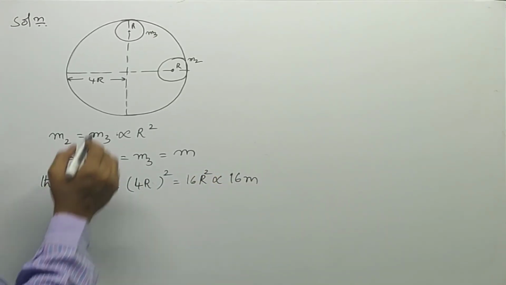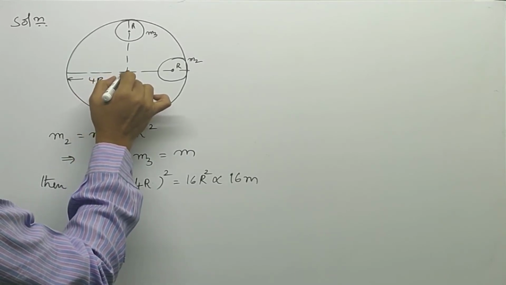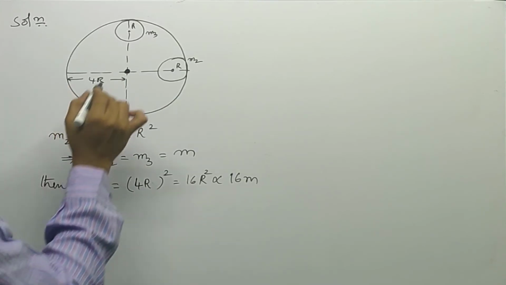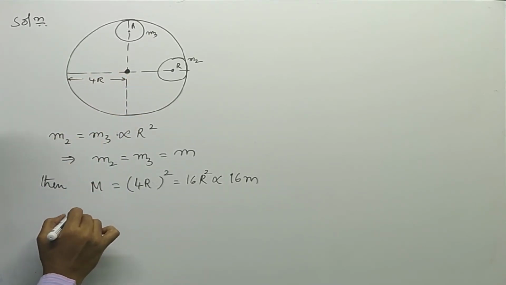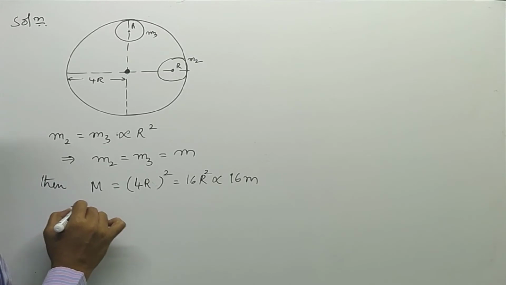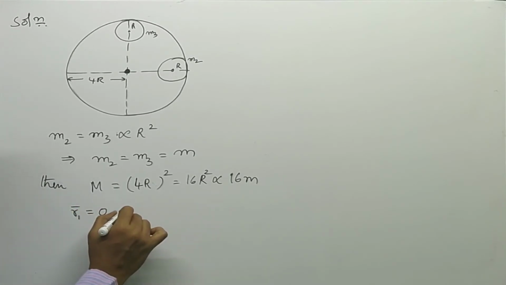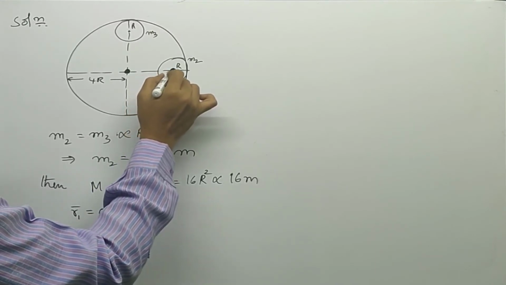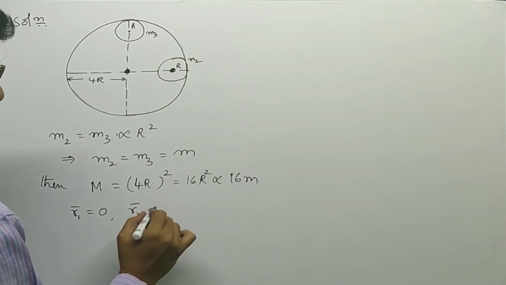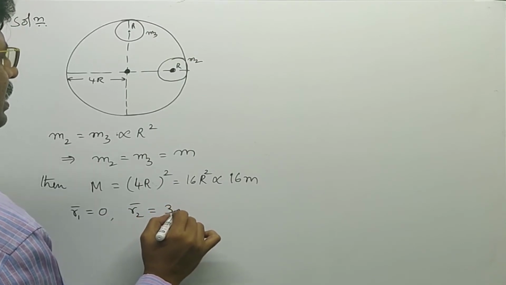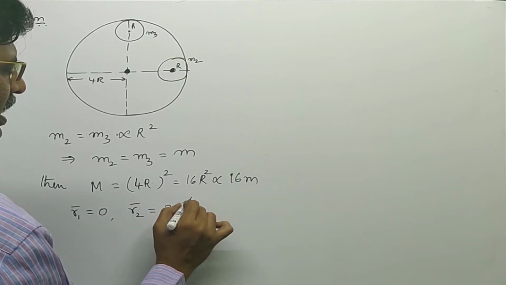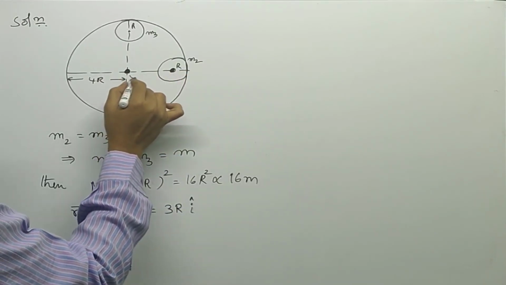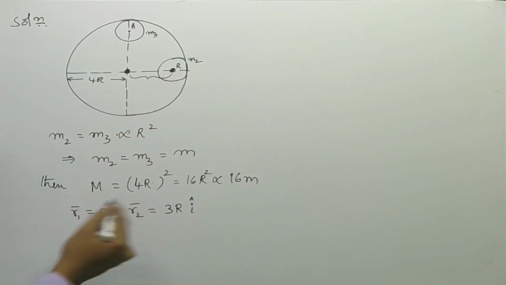And let us assume that the center of the circular plate is at the origin. That is r1 bar is equal to 0. And r2 bar, the center of the removed portion m2, is assumed at 3r into i cap, because total distance 4r minus r radius, so the remaining distance is 3r along the x direction.